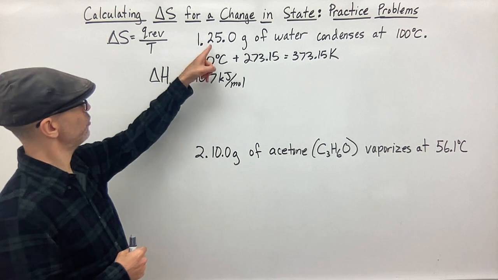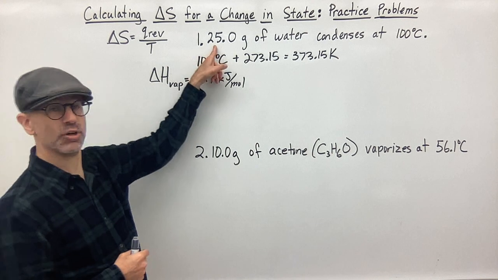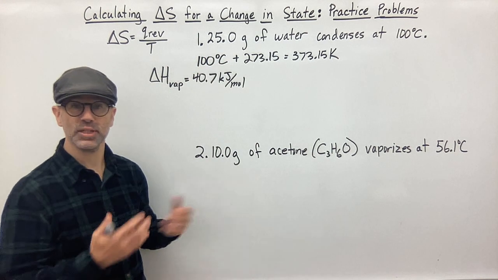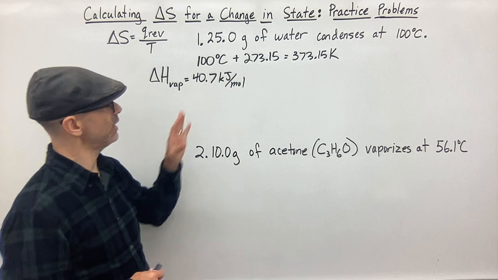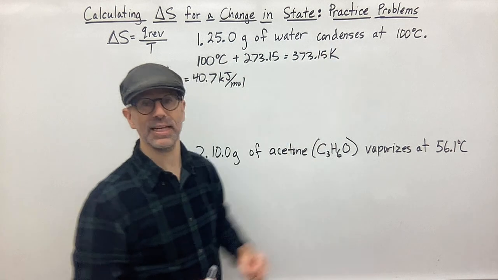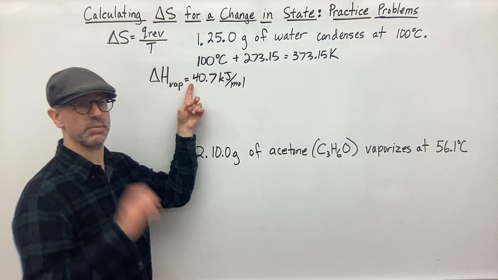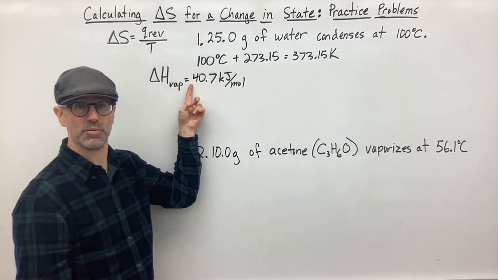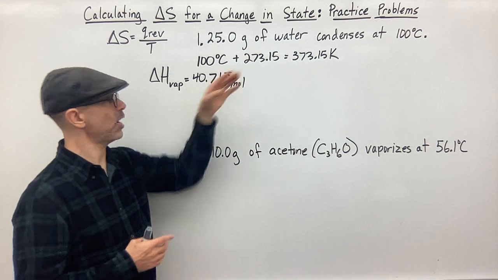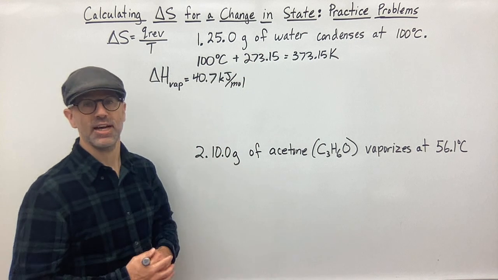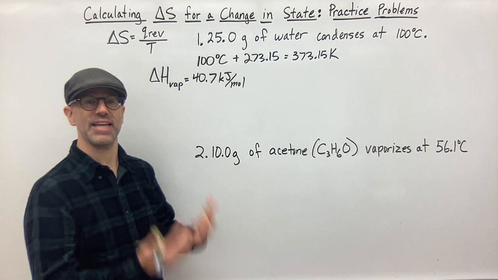So now we can use this to convert into the amount of energy that would be absorbed or released by that amount of water. Vaporization is positive because we're adding energy to vaporize the water. But in our problem, we're condensing it, so the water is losing energy. And since it's losing energy, it should be negative.